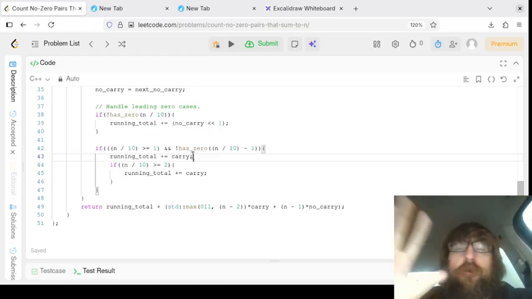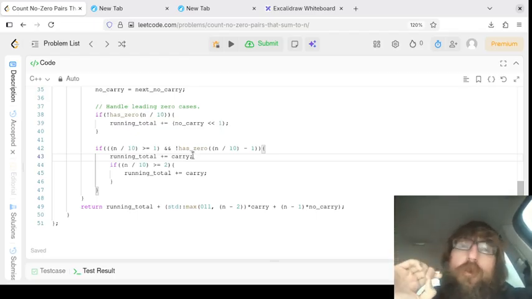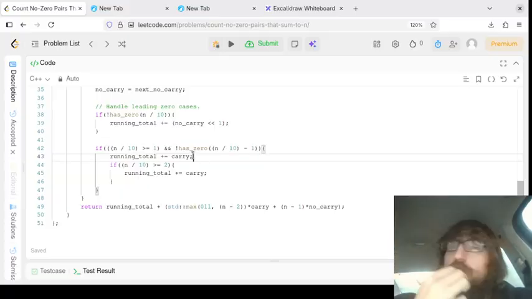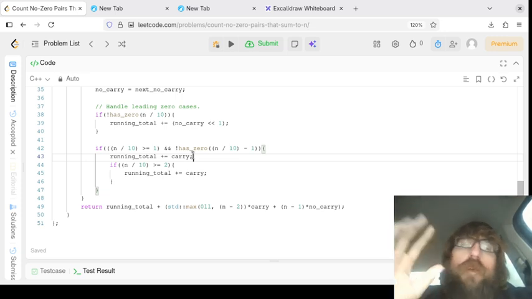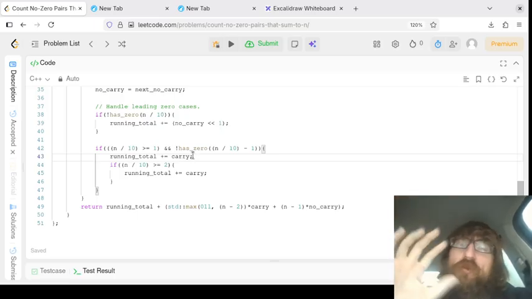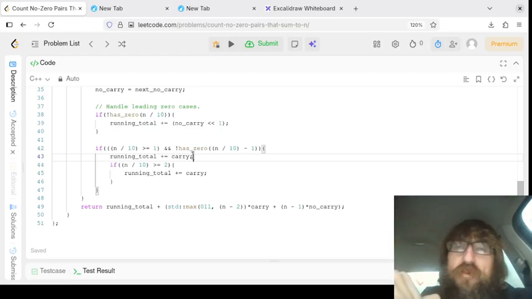Like I mentioned, if you had 15, you might have 13 and 2 and 2 and 13, and you would always add both of those. Well, the problem you run into when you're carrying is this: again, let's do 15. If you subtract 6 from 15 and you carry, the last digit is a 1. You no longer have anything in your leading portion that you're going to add to the other side.